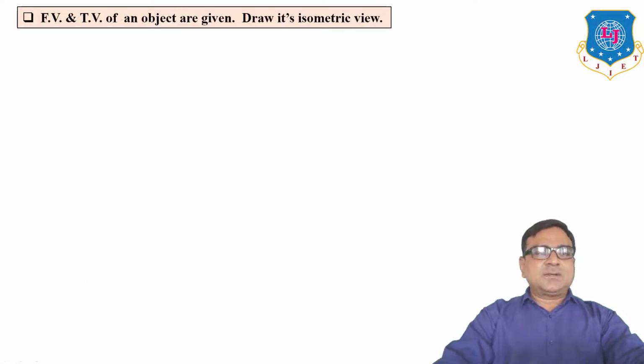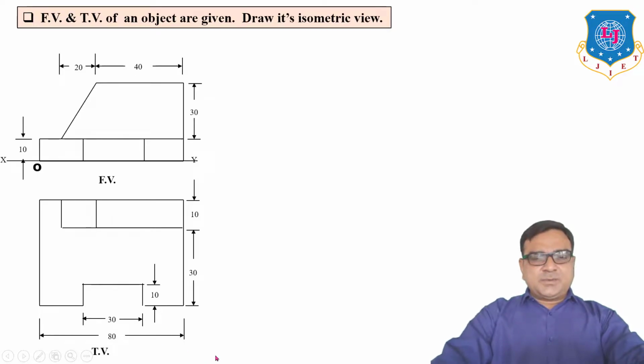Next, the front view and top view of an object are given. Draw its isometric view. So here one object is given, in which this is the front view and top view. These orthographic projections are in the first angle projection method. Observe here the total overall length is 80 mm, width 40 mm, and height 40 mm.